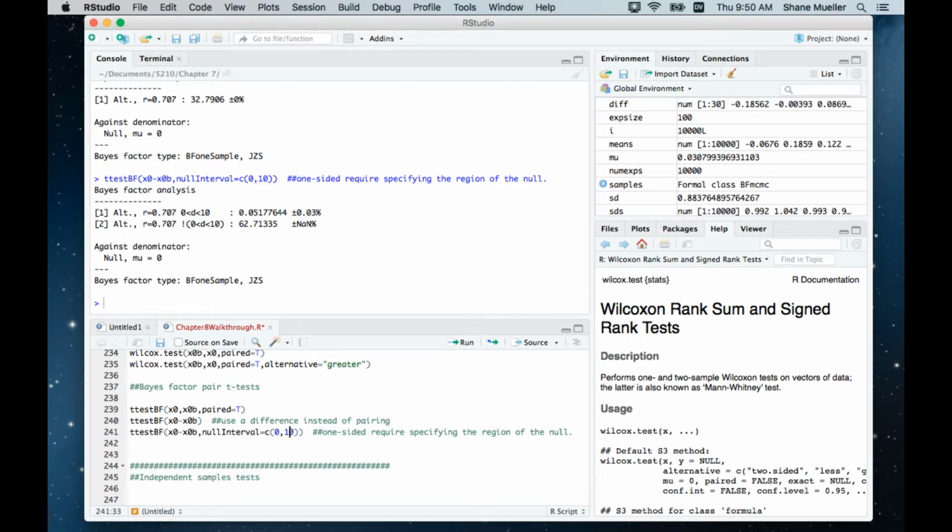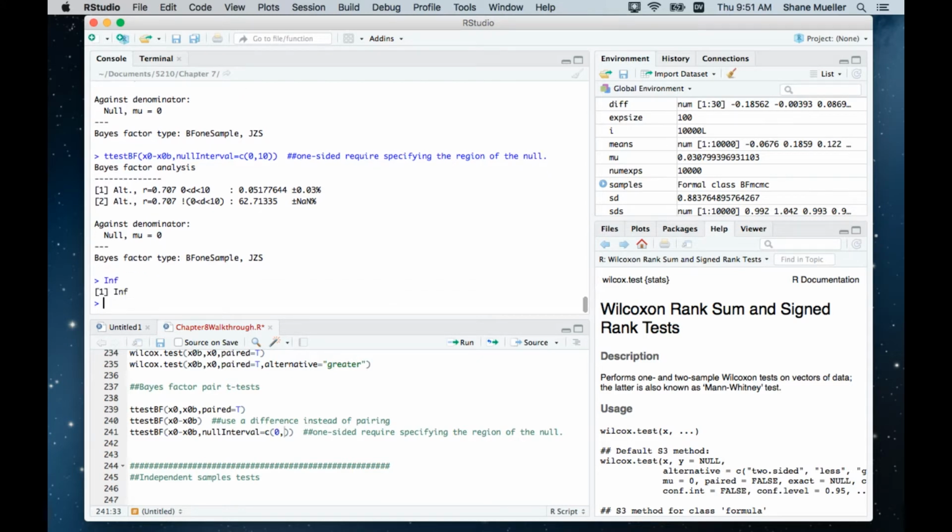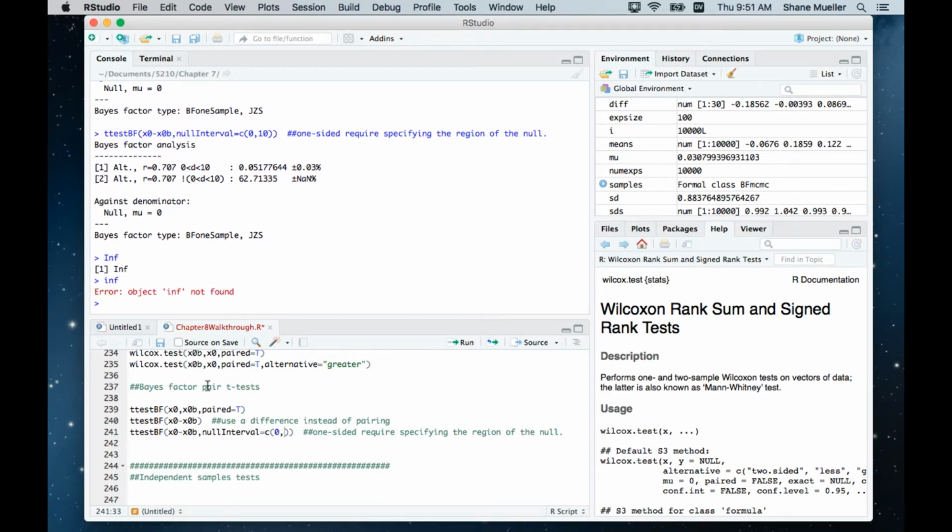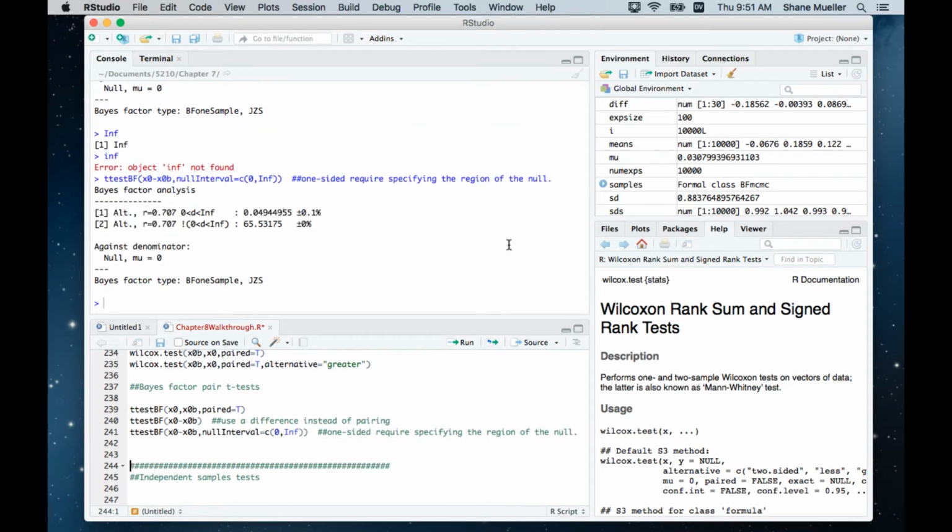I think if I do like inf, let's see, in R is Inf like this. So if I do 0 Inf, I guess it handles that. Except I wanted negative Inf.